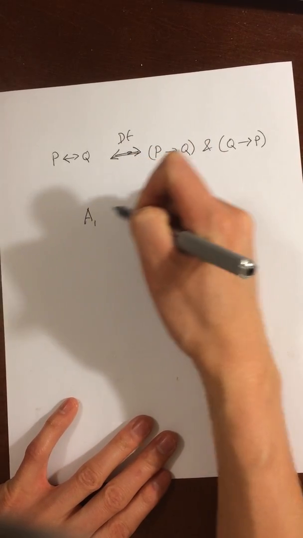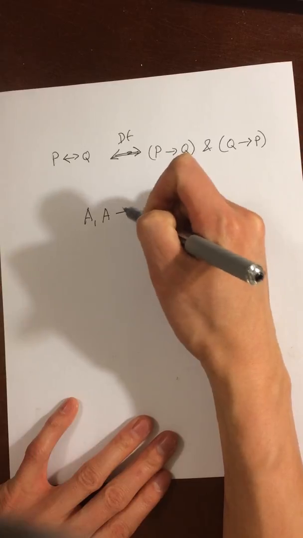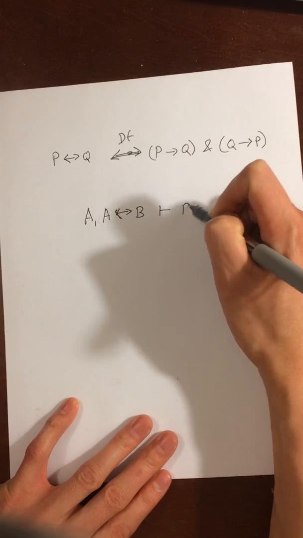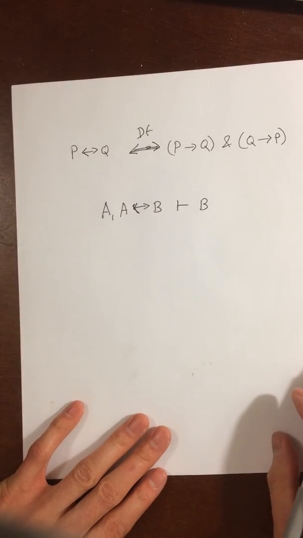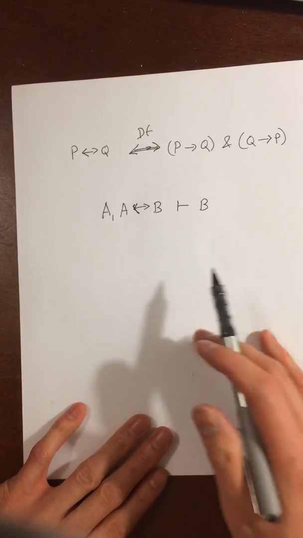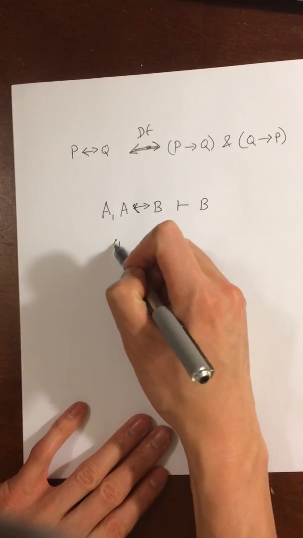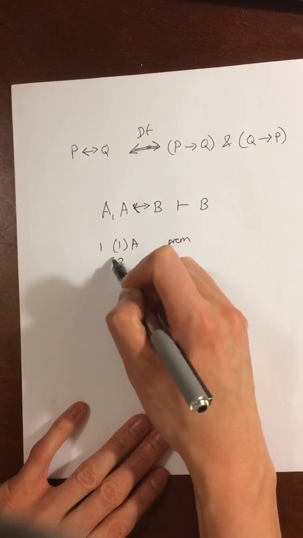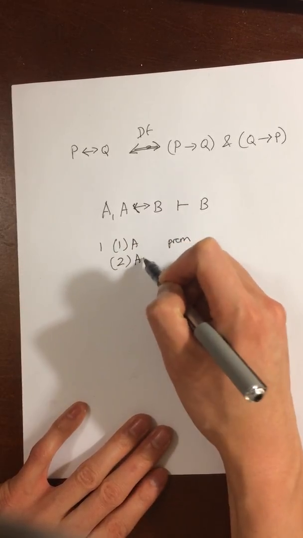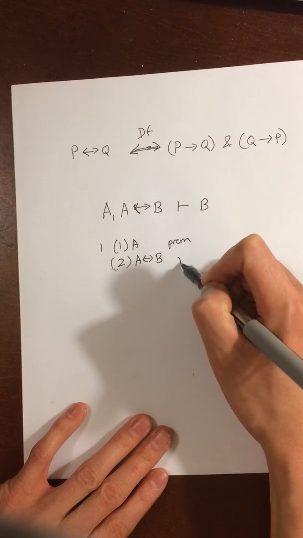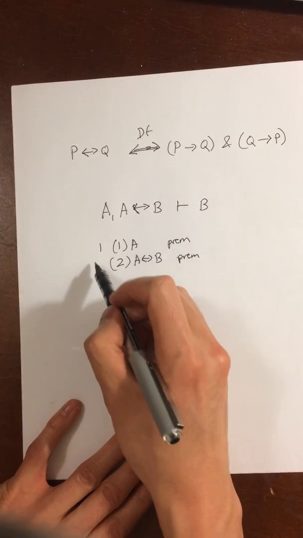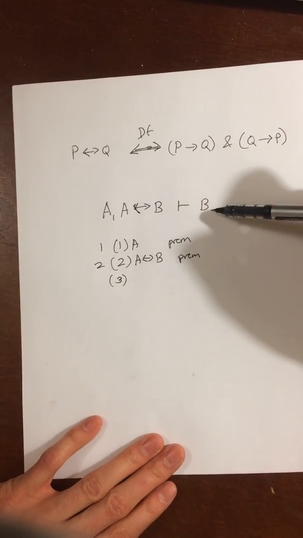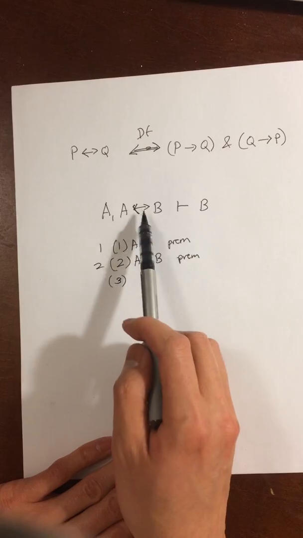What we're going to do is A if and only if B, therefore B. Okay, so we have two premises to work with, and we have to derive a simple formula. I'm going to need more space.